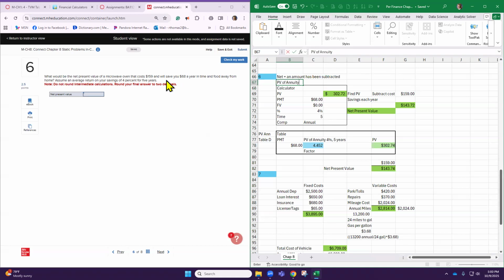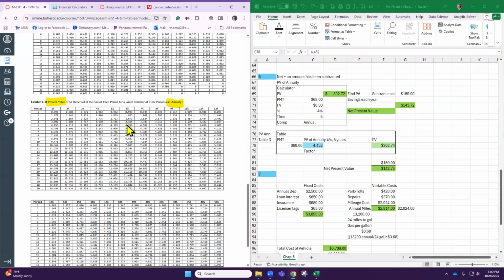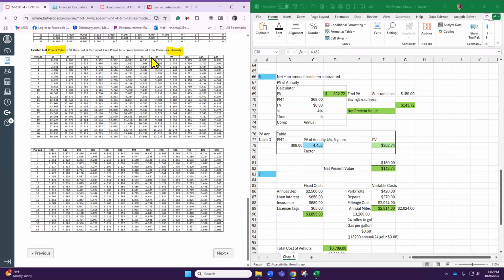Okay, so we have to spend $159 first before we can start saving money, right? So let's put it in. I'm going to put it in down here, the present value table, D. So we want 4% in 5 years, so 4.452. Let me show you the table. Net present value of an annuity.